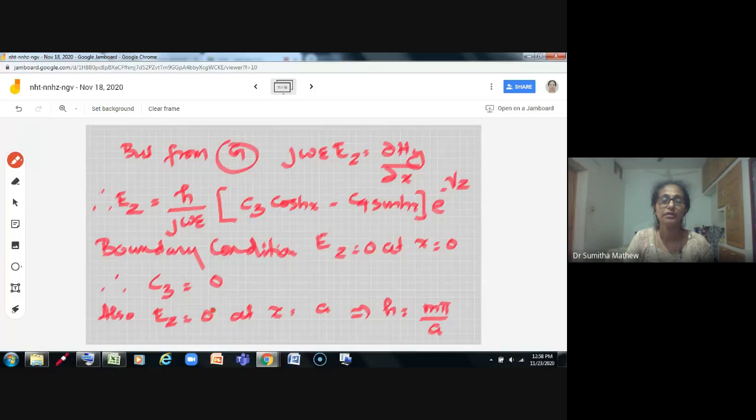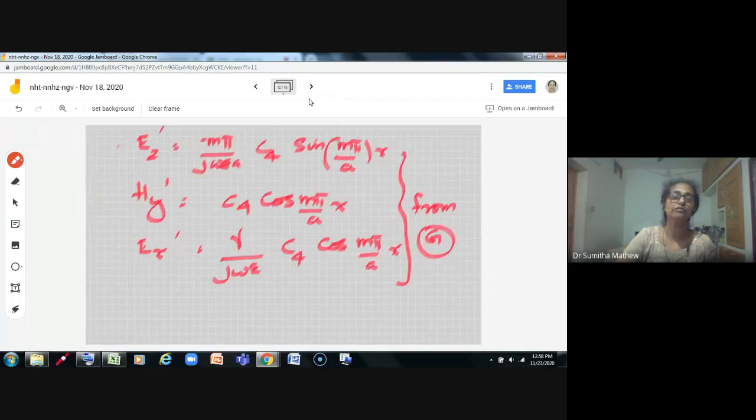And when Ez is equal to 0 at x equal to a, you give it here. Again, similarly, you get h is equal to m pi by a, and C3 is 0. That's similar to what we got earlier for TE waves.